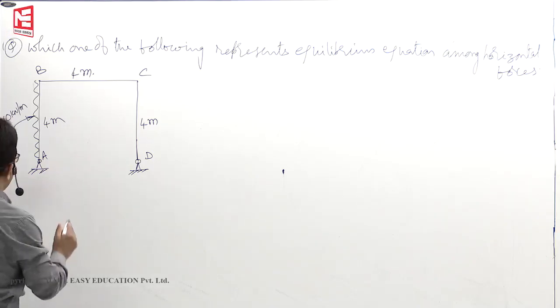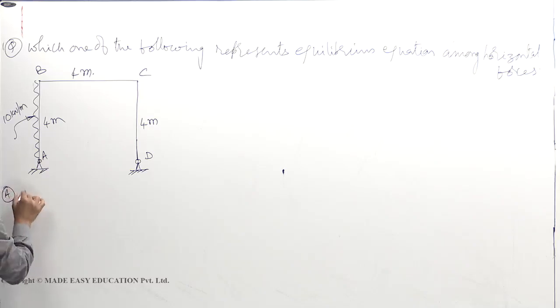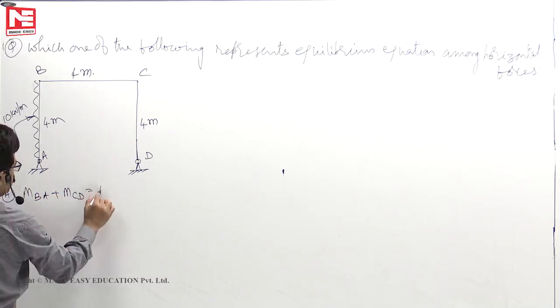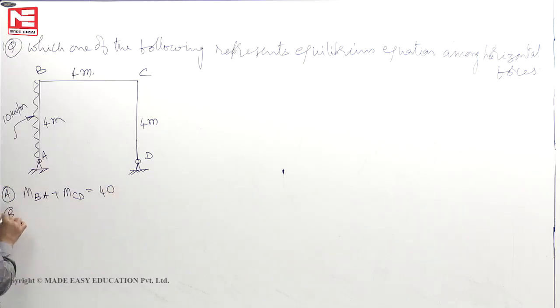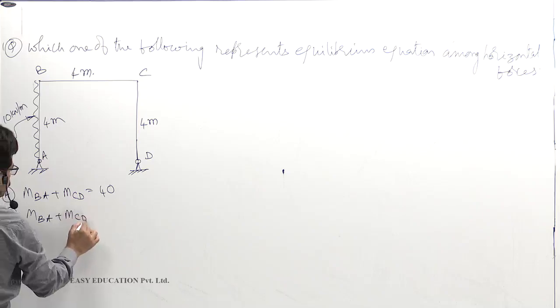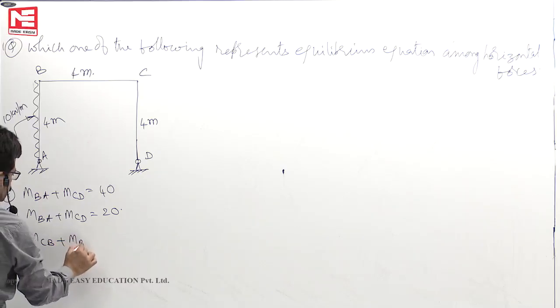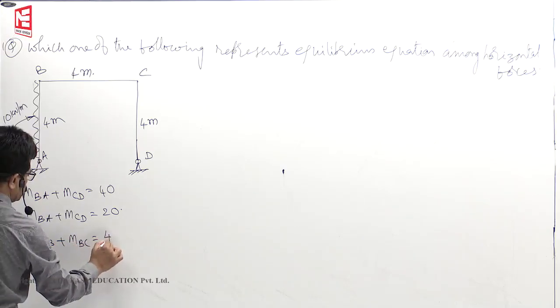Now, 4 options were given. MBA plus MCD is equal to 40. MBA plus MCD is equal to 20. MCB plus MBC is equal to 40.